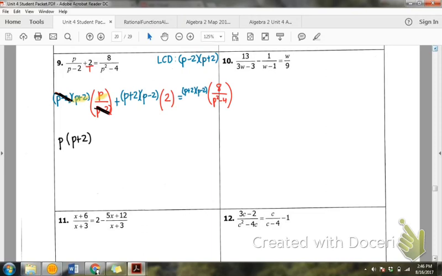What about the second group? Can the second group cancel with anything? There's nothing down here for it to cancel with, right? So that means this 2 is getting multiplied times this and this. But didn't we say this whole thing together is p squared minus 4? So instead of splitting it up around p plus 2, p minus 2, let's just do 2 times p squared minus 4.